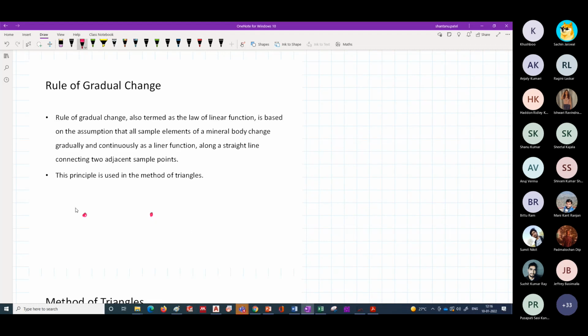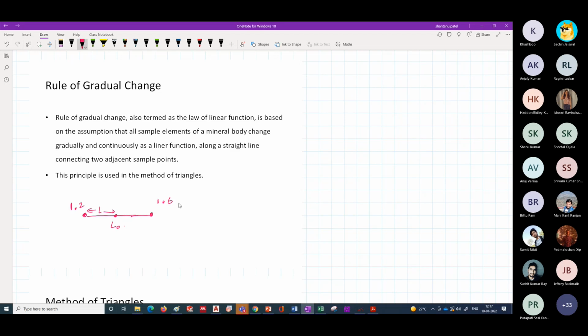Let's say the grade of the ore is 1.2 here, and 1.6 here. If the distance is L0, then at a distance L, how can you find the grade of this ore?